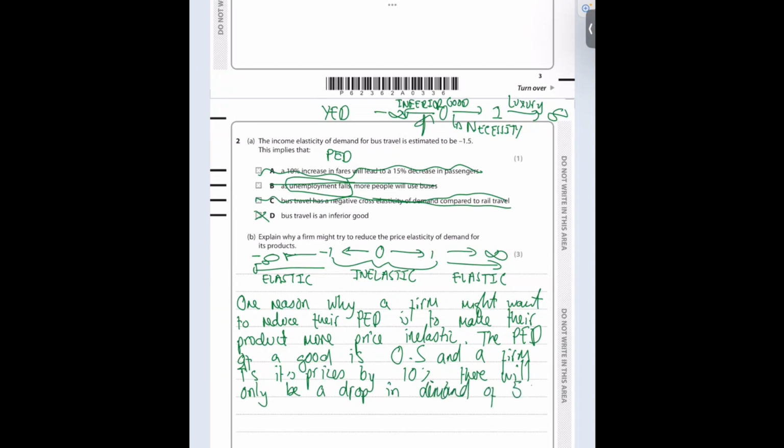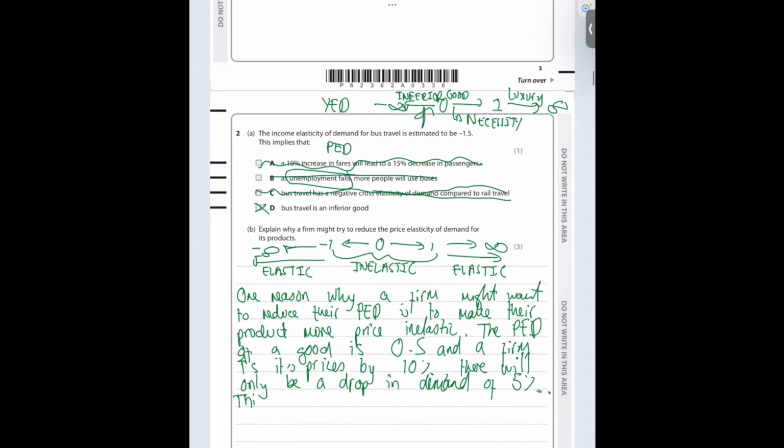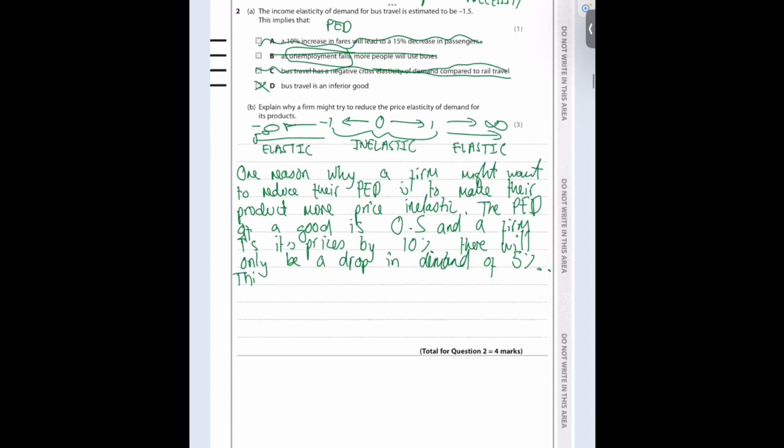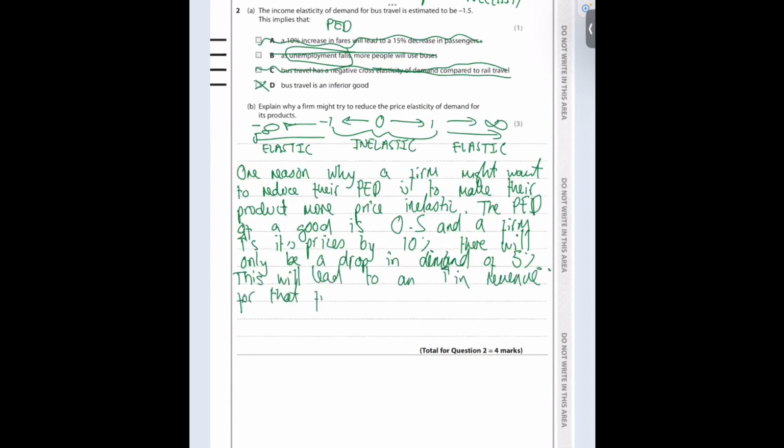So you can see that prices have changed by 10%, but the quantity demanded will only fall by 5%. So this will lead to an increase in revenue for the firm and potentially profit.